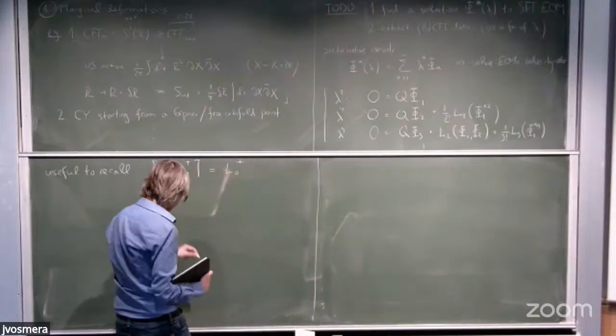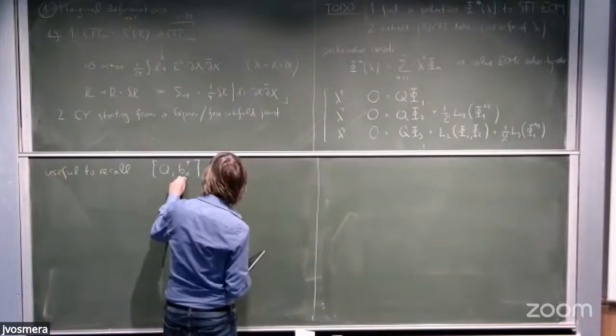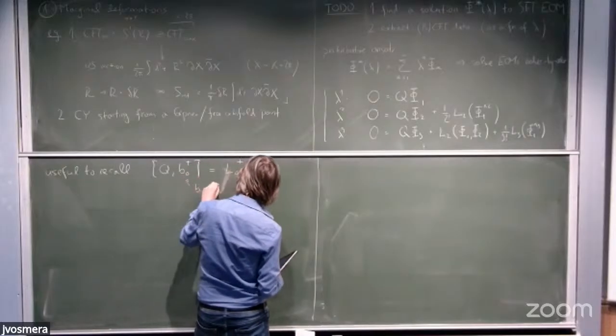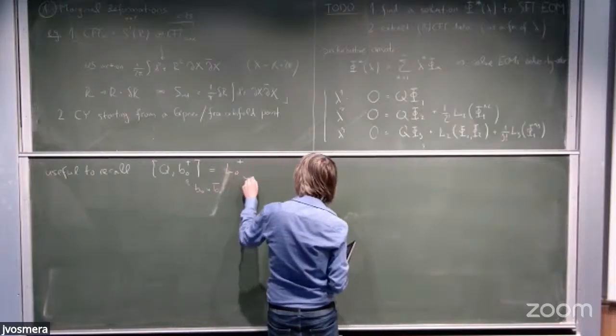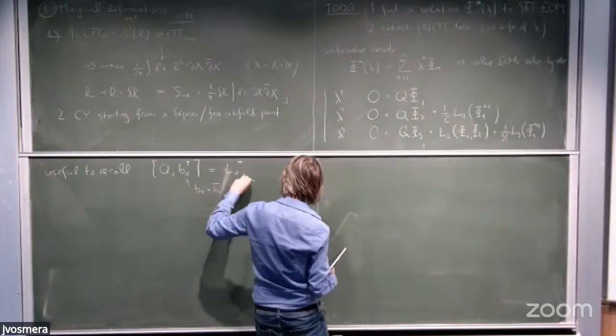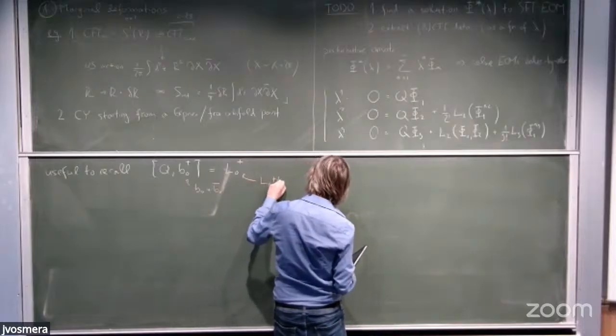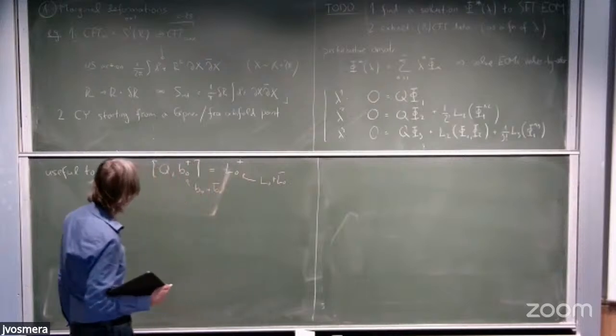One more thing to remember is that b0 plus we are defining as just a linear combination of b0 and b0 bar. b0 goes to the zero mode of the b ghost on the worldsheet, and L0 plus goes to L0 plus L0 bar.